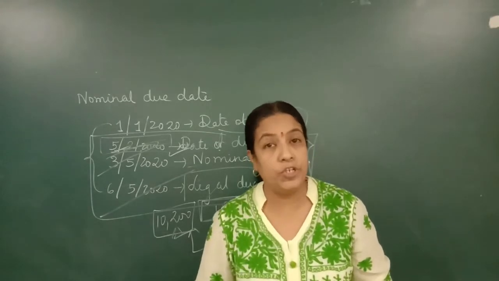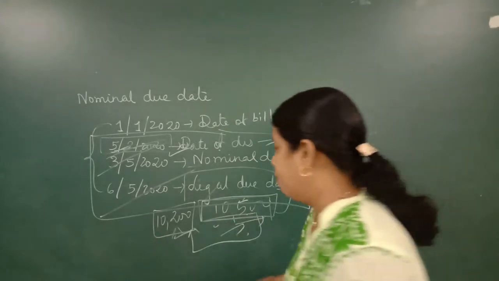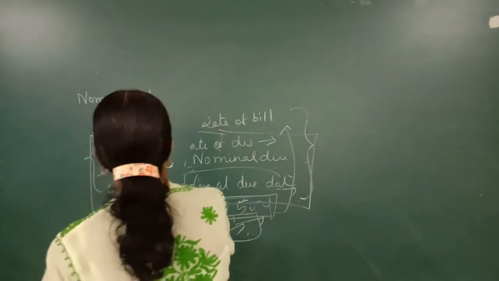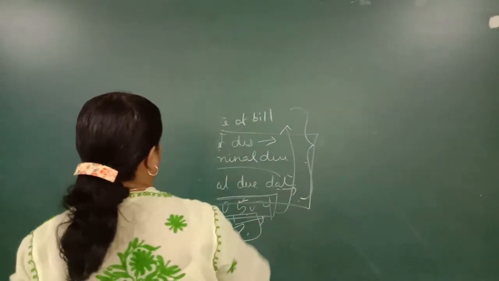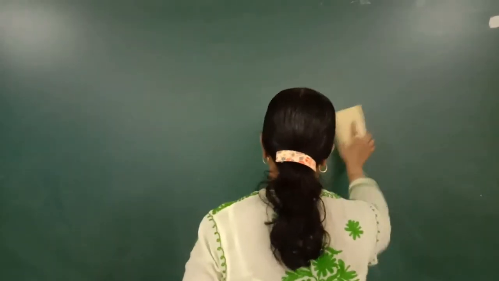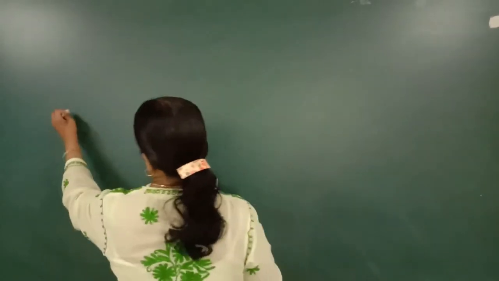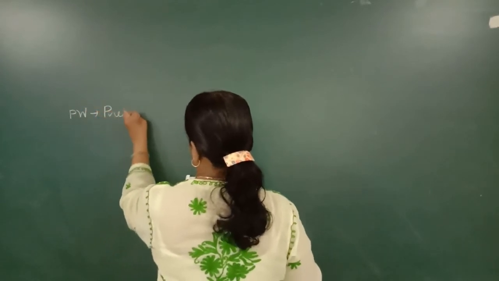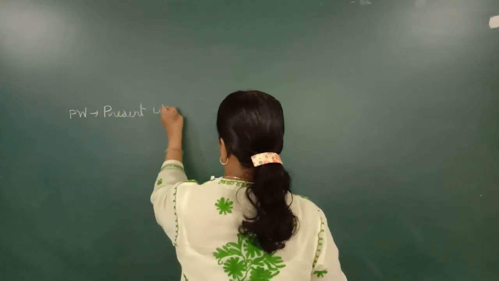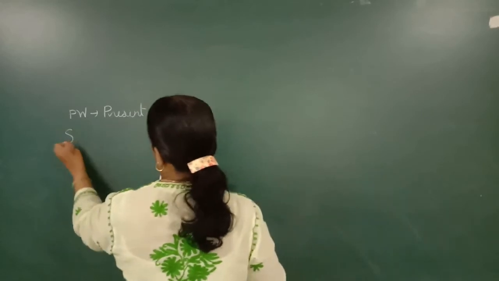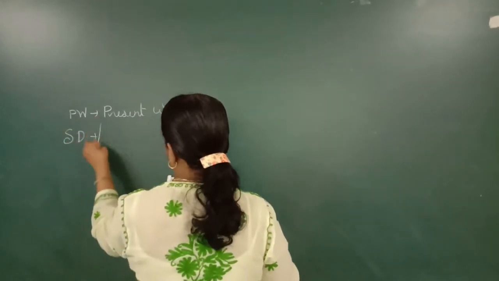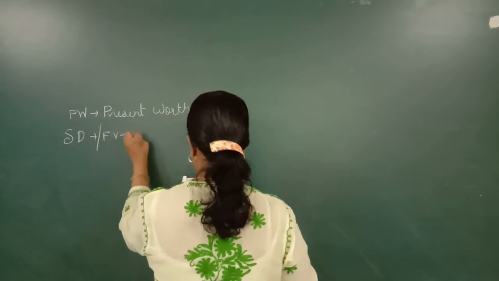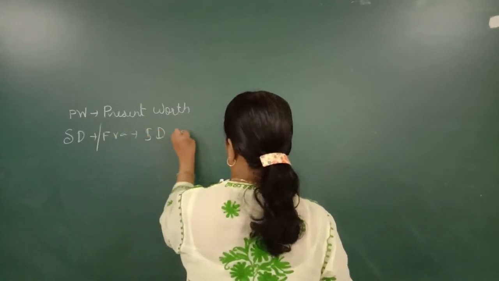Now abbreviations कौन से यूज होंगे पहले वो देखेंगे. Which abbreviations are going to be used over here? Just we will see again. PW, present worth, SD or face value, SV or FV.